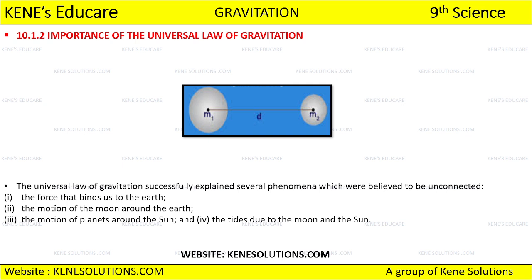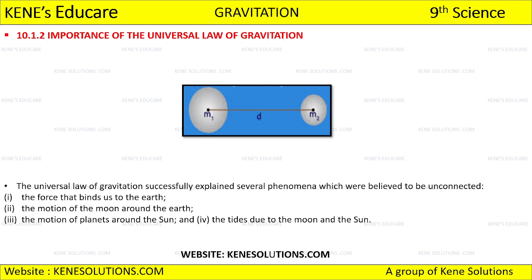There were so many things which were lacking, which people didn't have information about. So there were some phenomena which people felt were unconnected, but that was being proved and explained properly by this universal law of gravitation.